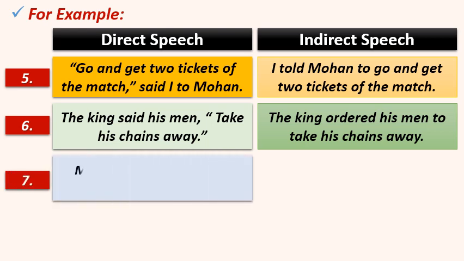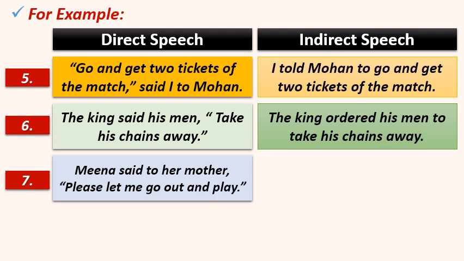Number 7th is, Meena said to her mother, "Please let me go out and play." So dear students, as per rule number 6, if the sense of the sentence beginning with let is permission, then let is changed into to let, or subject plus might be allowed to.